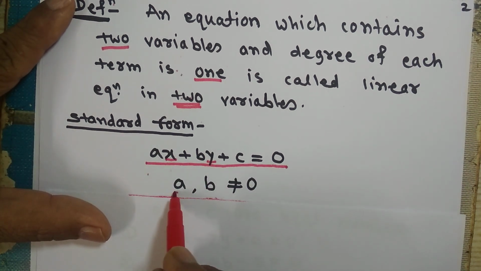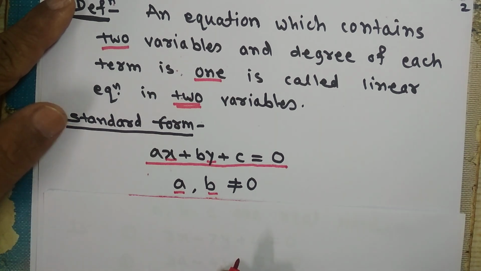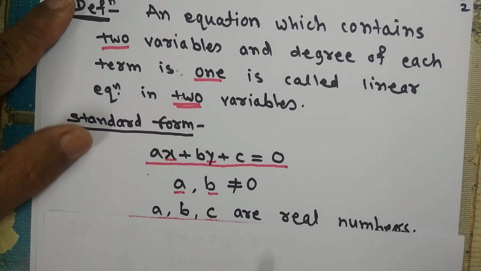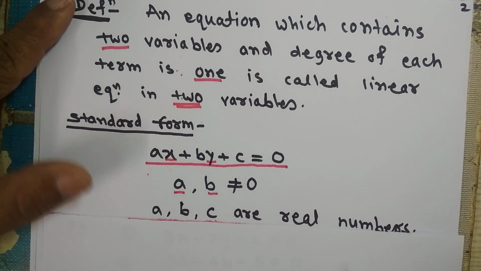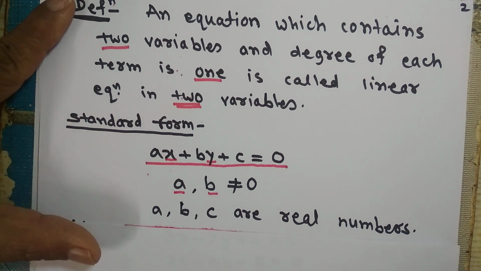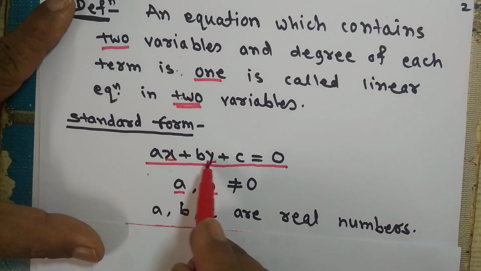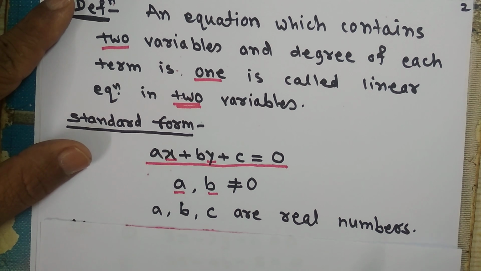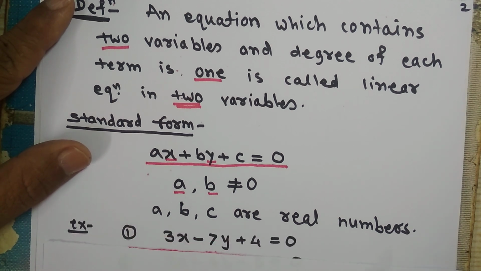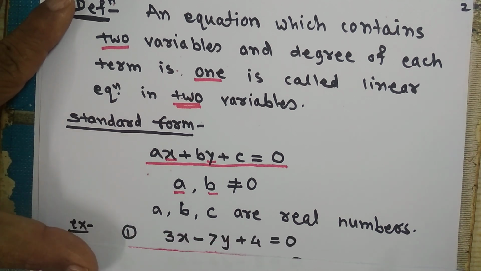And in this case, a, b and c are real numbers. Therefore, we say here ax plus by plus c is equal to 0 is the standard form of linear equation in two variables.